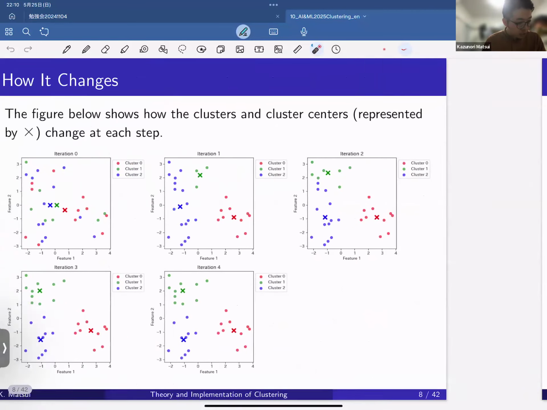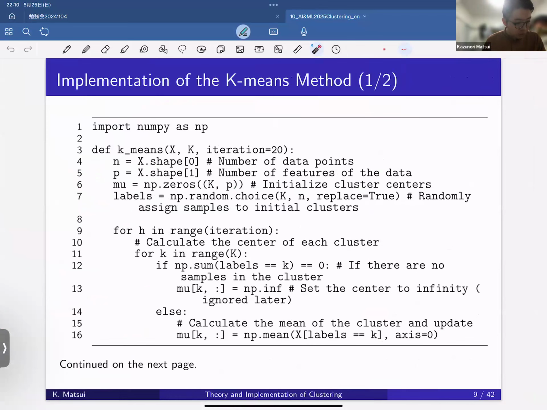The implementation of the k-means method itself is straightforward. First, we randomly assign data and calculate the center for each cluster. If there is no data, we set it to infinity, which means very far away, so it gets ignored.